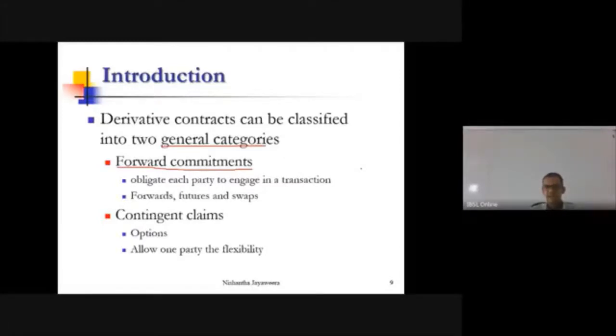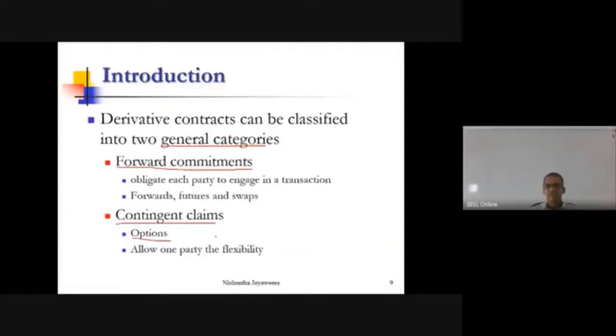It's a definite commitment. Both parties have to meet that obligation. But on the other hand, the other category is contingent claims. The simple form of that is options.